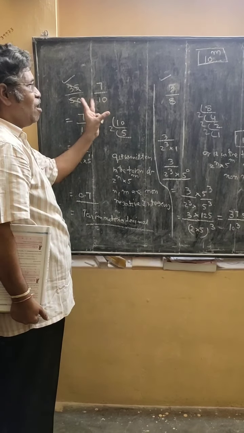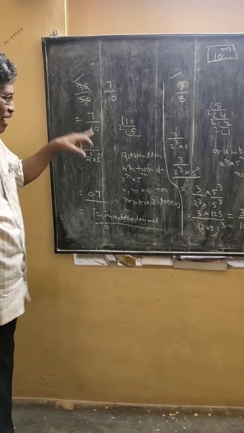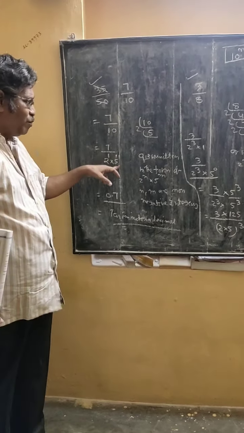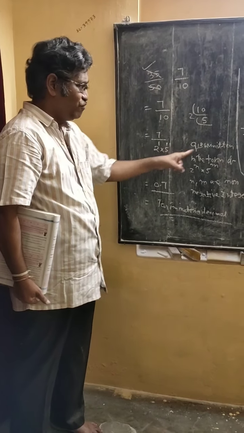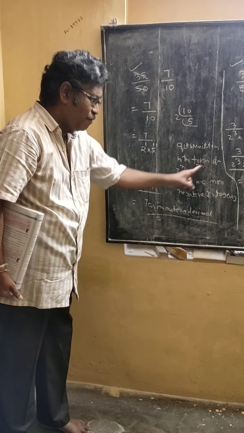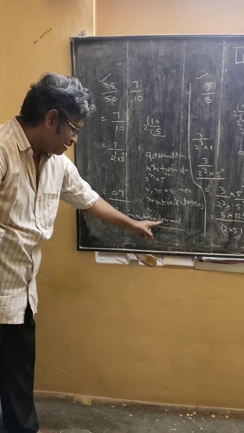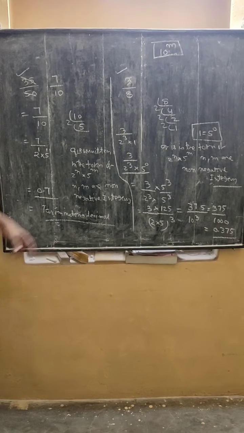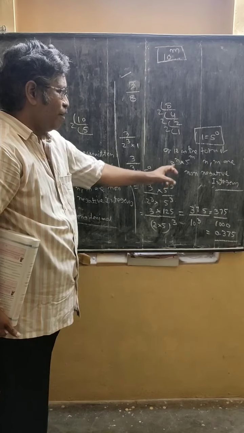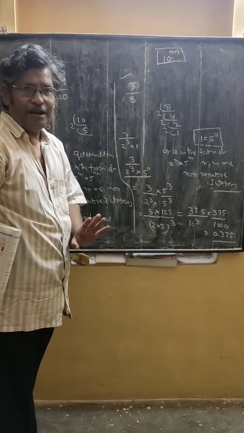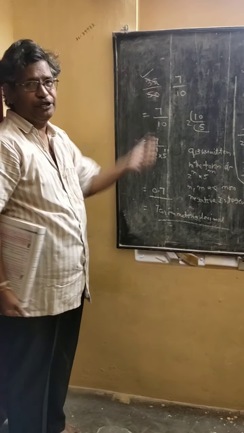You observe this statement: whenever a rational number is taken, if the denominator q is prime factorized into the form of 2 power n into 5 power m, then the rational number is a terminating decimal. Here also it is a rational number, and here q is factorized into the form of 2 power n into 5 power m. So it is also a terminating decimal. From this we will draw the conclusion.